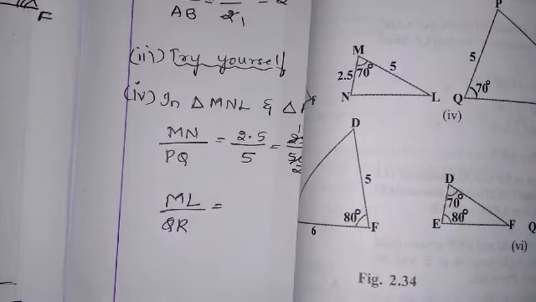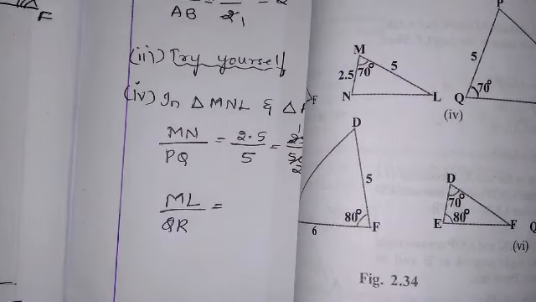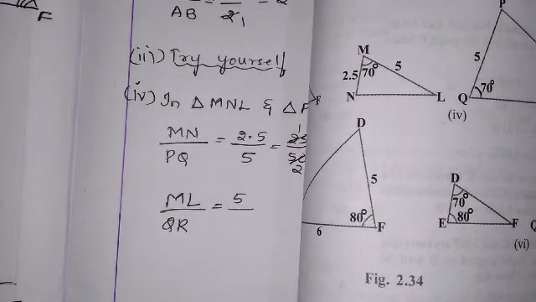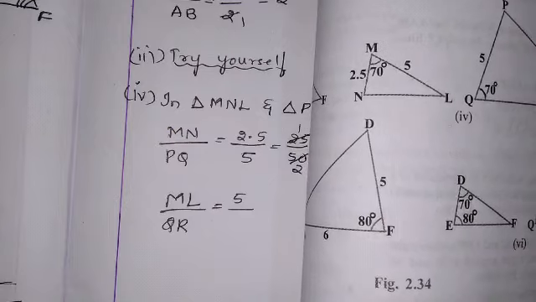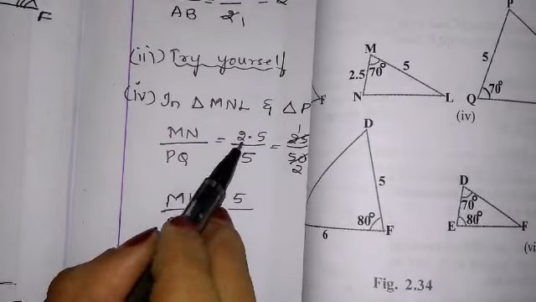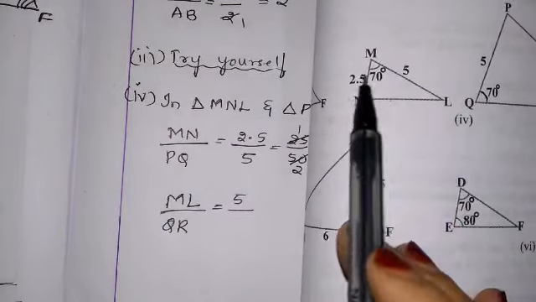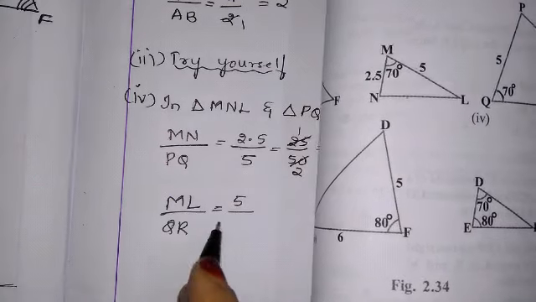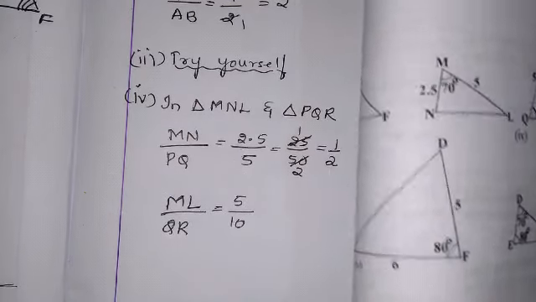Check how they have given in the textbook. ML is, what they have given, ML 5, and what they have given here, 2.5 and 5, I guess, ML 5 and QR 10. Okay.